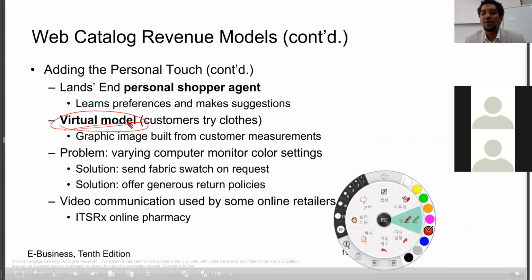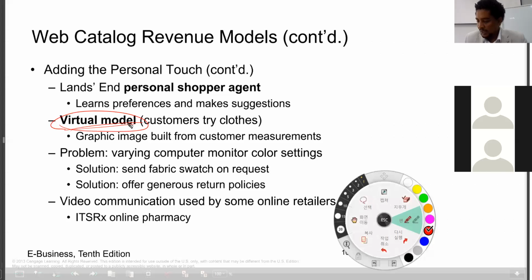This virtual model shows how clothes look, so customers who like the clothes on the virtual model can buy them. If they don't, they can leave it. So they can physically see how the clothes look on these virtual models.